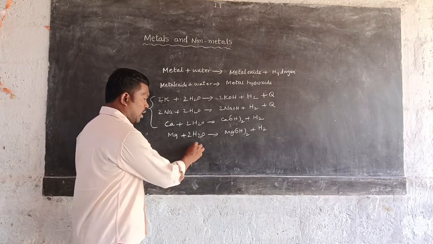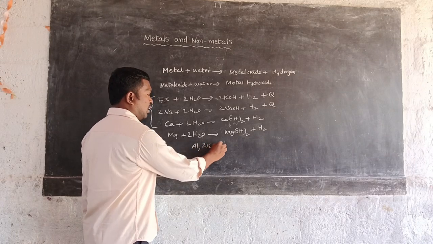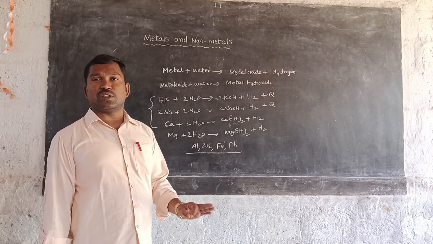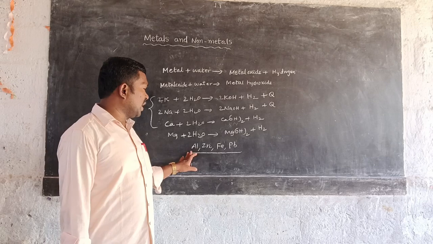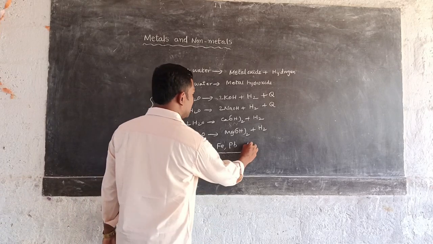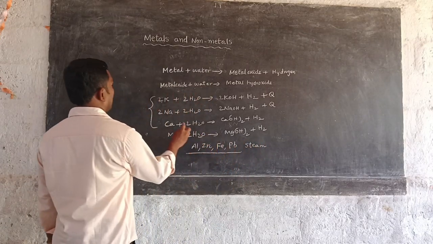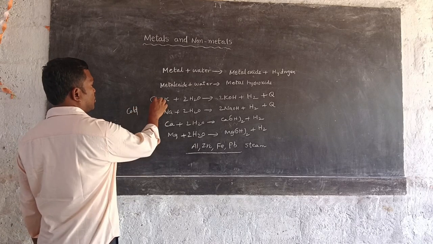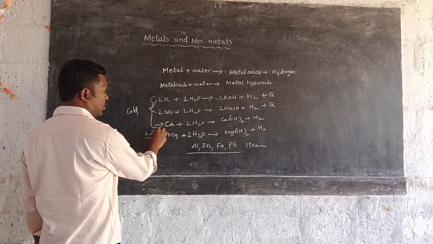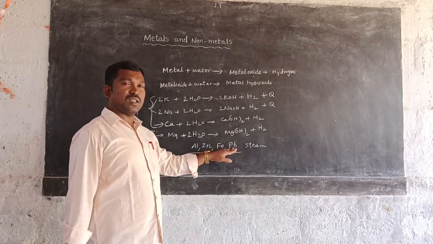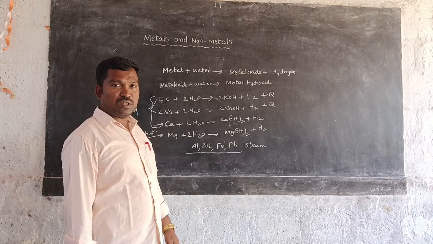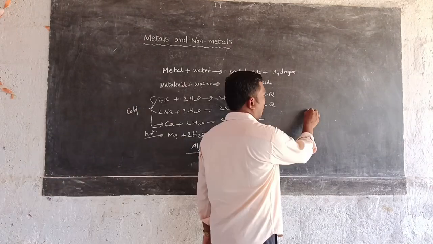Next, aluminum, zinc, iron and lead. These metals do not react with cold or hot water, but they react with steam. Once again, remember: these three react with cold water; these two react violently, this one less violently; magnesium reacts with hot water. Aluminum, zinc, iron and lead do not react with cold and hot water, but react with steam and produce oxides.